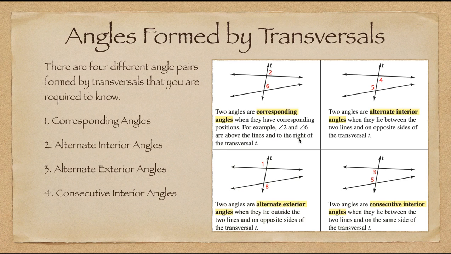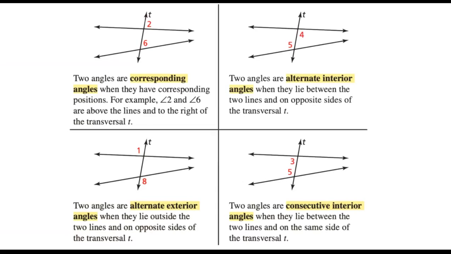There are angles formed by transversals, and the 4 types of angle pairs that we will be interested in are corresponding angles, alternate interior angles, alternate exterior angles, and consecutive interior angles. Let's look at the definition of these angles. In this first one, the 2 angles are corresponding angles when they have corresponding positions.